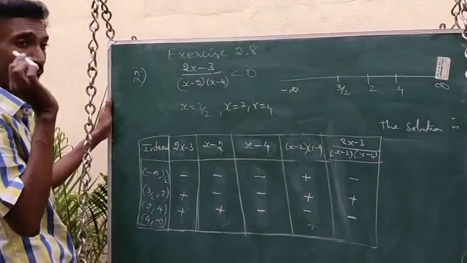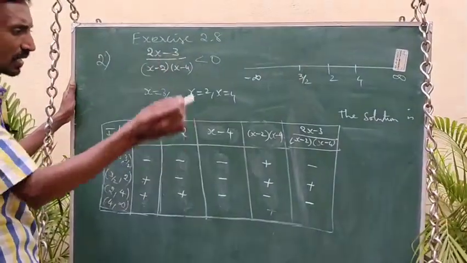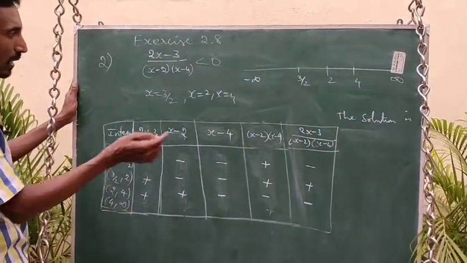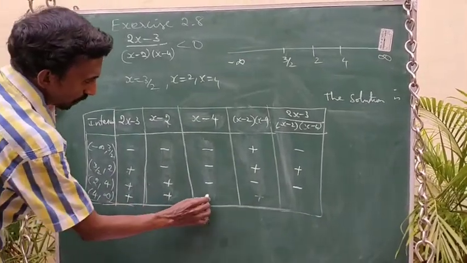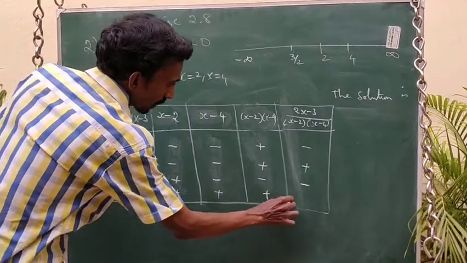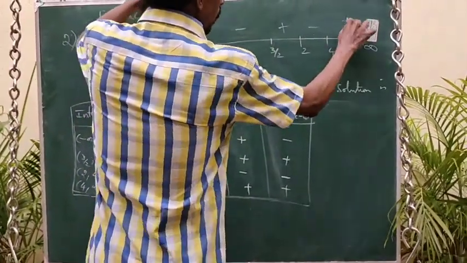Most probably the alternate sign. First you have to carefully find out the sign of the first interval. Next it must be in the alternate order. So greater than 4: positive, positive, positive. So all the things are positive. So negative, positive, negative, positive.